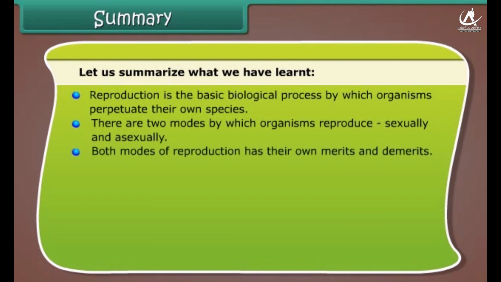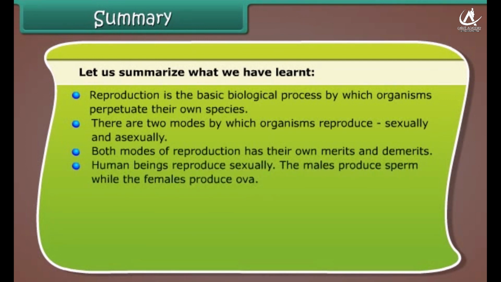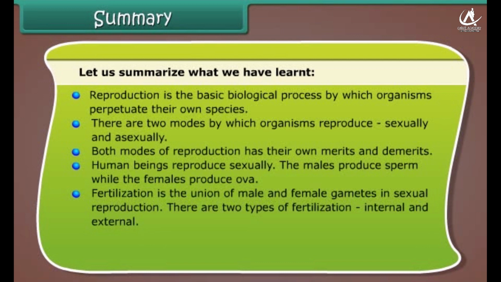Both modes of reproduction have their own merits and demerits. Human beings reproduce sexually. The males produce sperm, while the females produce ova. Fertilization is the union of male and female gametes in sexual reproduction. There are two types of fertilization, internal and external.